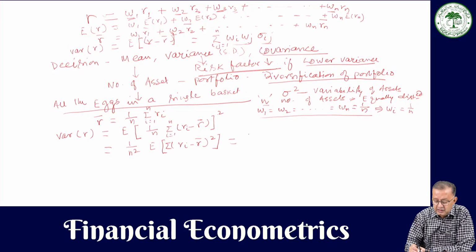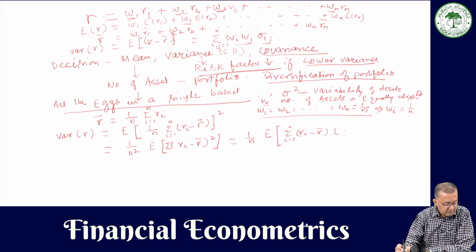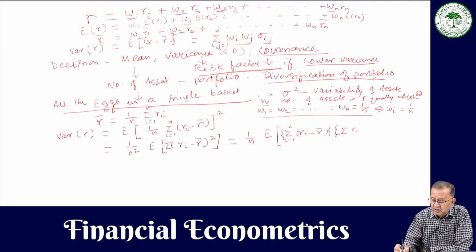So I can write it by splitting it: the sum over i equal to 1 to n of ri minus r bar i, into, this is one part and this is another part, the sum of rj minus r bar.